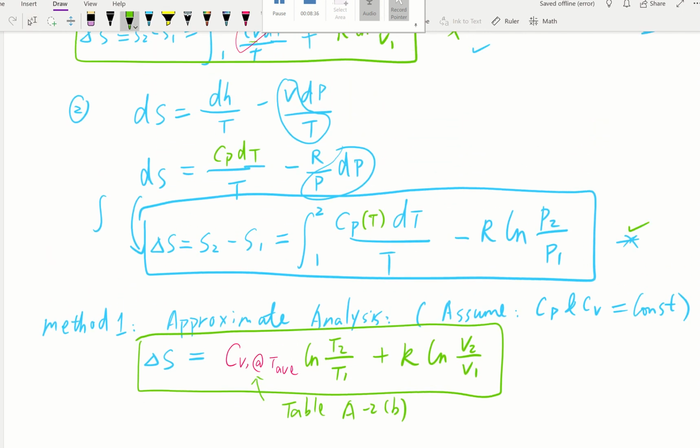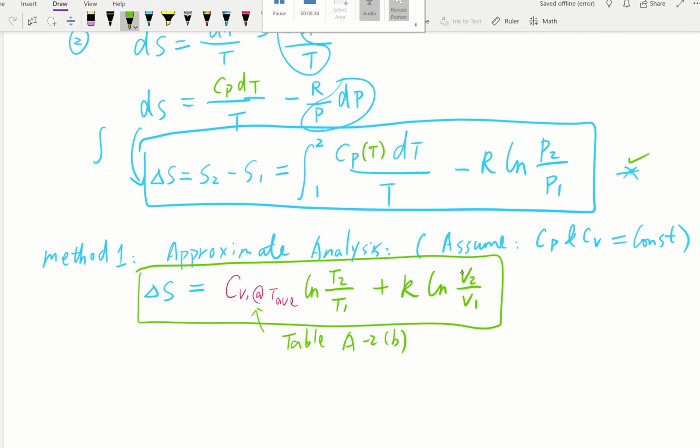How about this equation? What will we get? We'll have delta S. Since Cp here is going to be considered constant, just as we assumed Cv is constant, Cp is taken out of the integral and we are using the average temperature. And the integration gives natural log T2 over T1, minus R natural log P2 over P1.